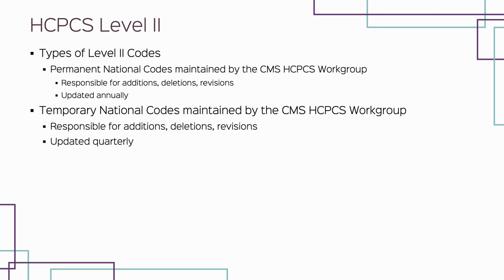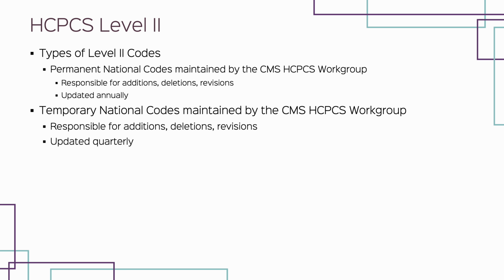Both permanent and temporary HCPCS codes are managed by the CMS HCPCS Work Group. This group is responsible for making decisions about additions, deletions, and revisions to the code set. Permanent codes are reviewed annually with updates released each year, and they go into effect on January 1st. Temporary codes are a little bit more flexible.